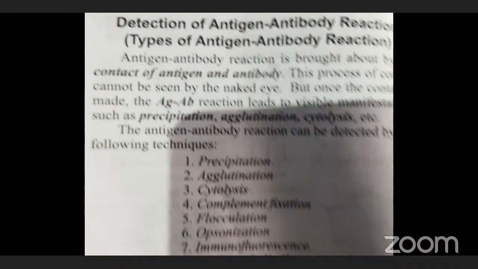Next one is binding sites. Just now I told you that antigens have the epitope, that is called the antigenic determinant. Antibody has the paratope, that is called the antigen binding site. So binding occurs between the epitope and the paratope. The antibody IgM is multivalent. Valency means the number of binding sites, the number of paratopes.